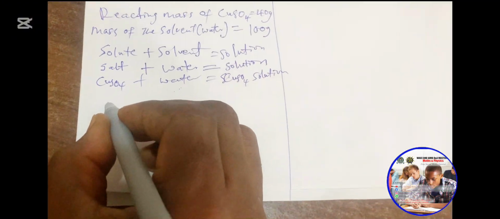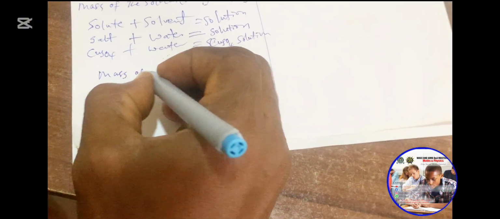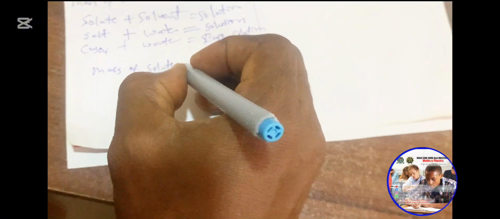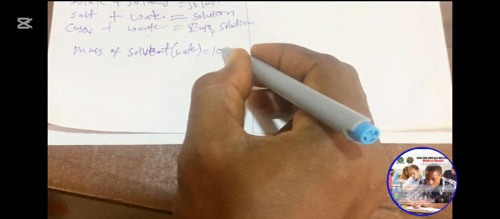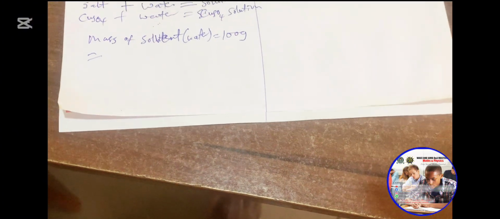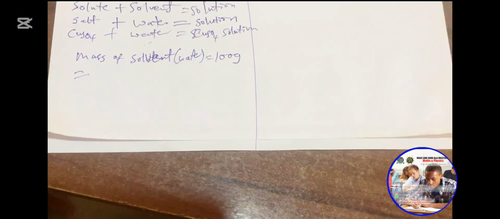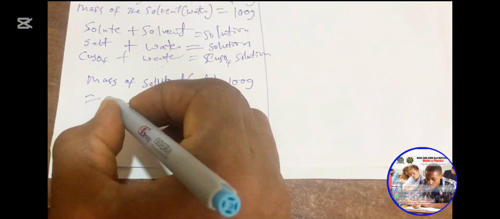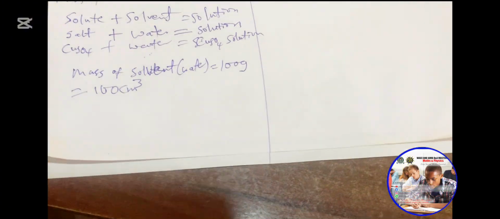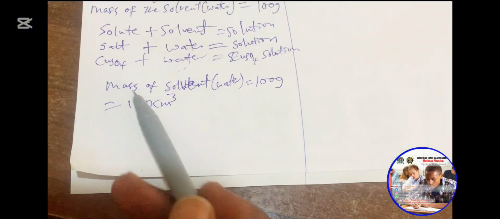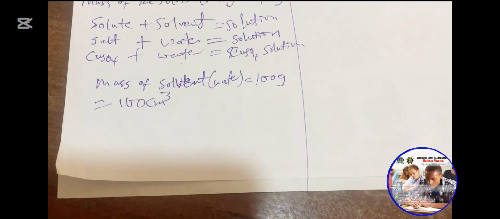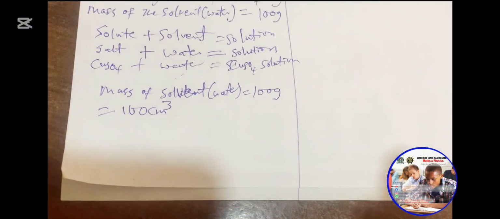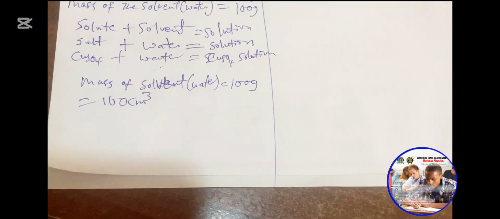The mass of the solvent, which is water, is 100 grams, and it is dissolved in a volume of water of 100 cubic centimeter. To convert this 100 cubic centimeter to dm³, why? Because the standard unit of solvent volume is measured in dm³.